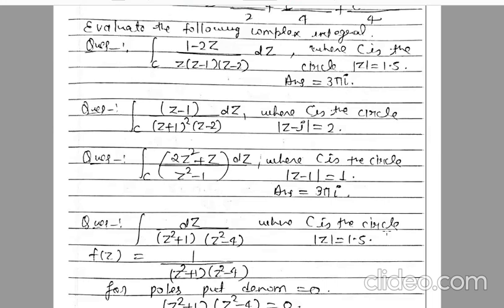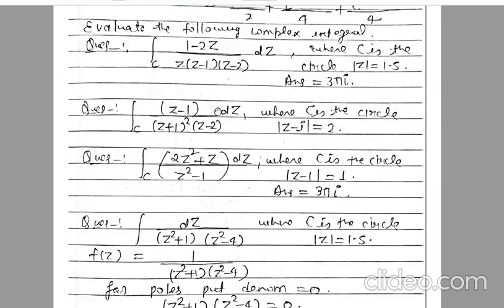So first you will find your poles, that means put the denominator equal to 0, and after that you will check which poles lie inside the circle. So z equal to 0 is a simple pole, z equal to 1 is a simple pole, and z equal to 2 is a simple pole, right?